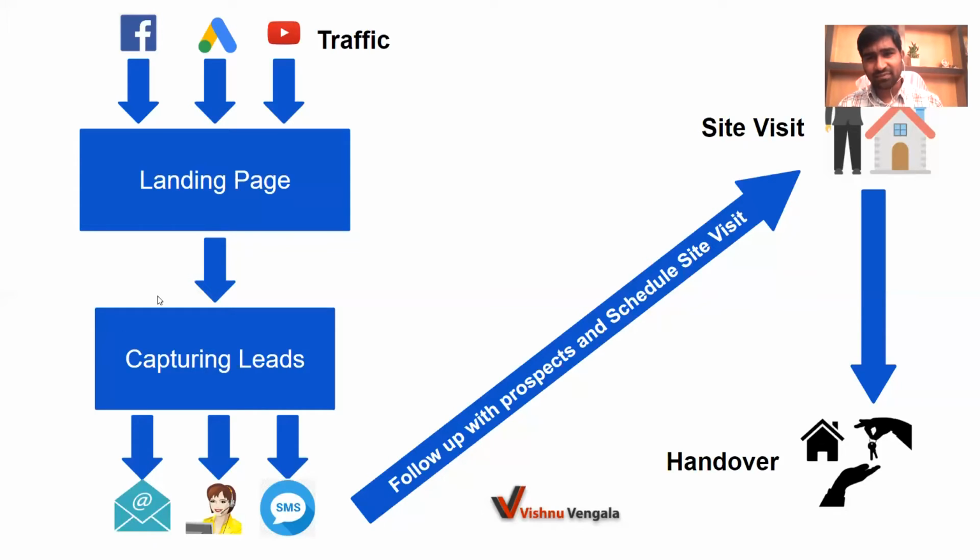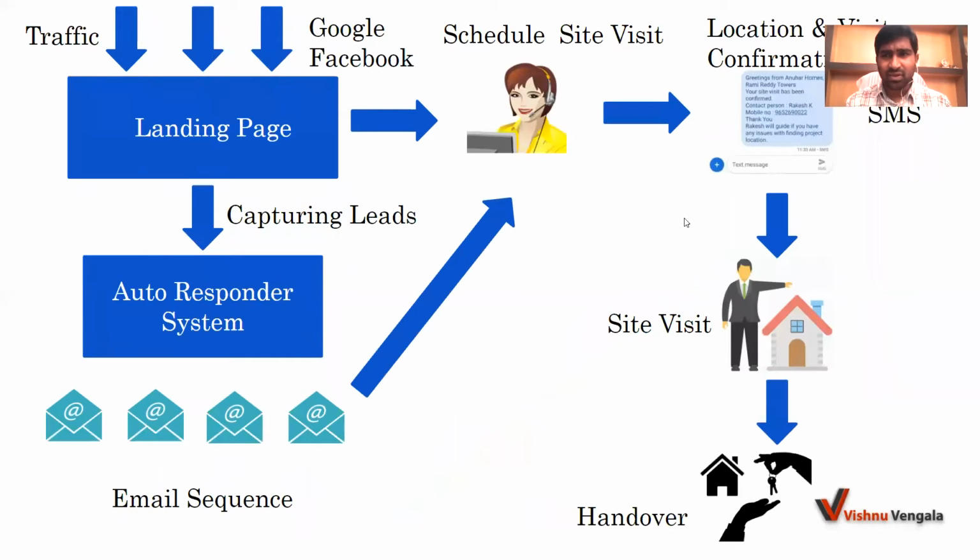And once they visit the site, your sales team can walk through the project, and you can clear all the doubts and other things that the customer is looking into, and you can persuade them to buy your home or flats.